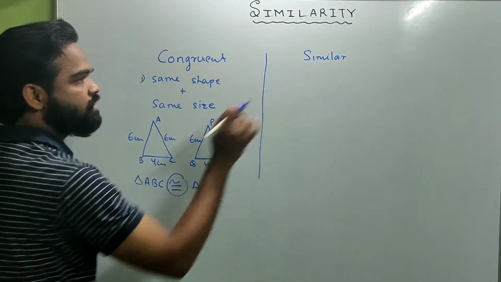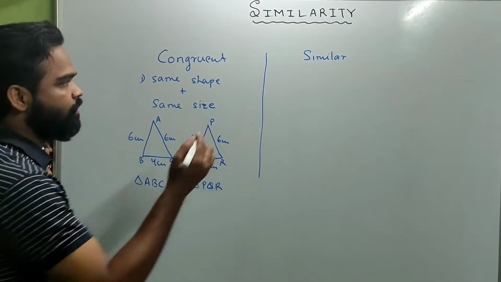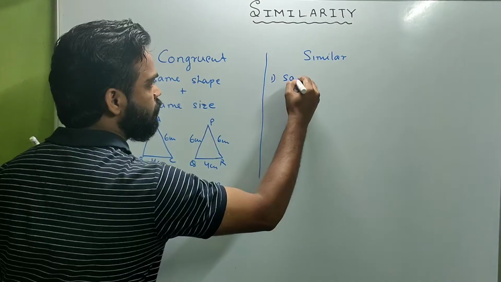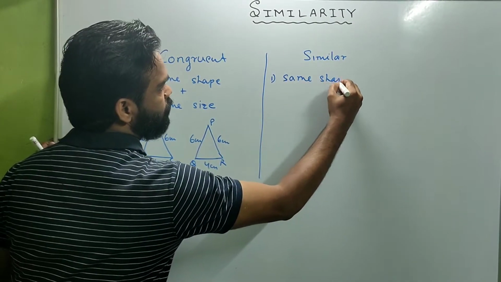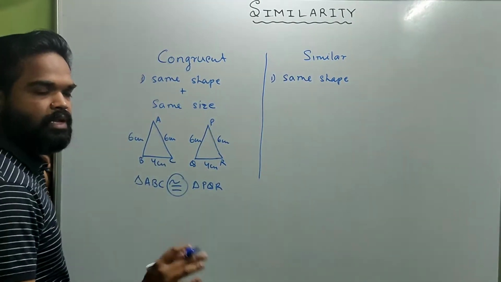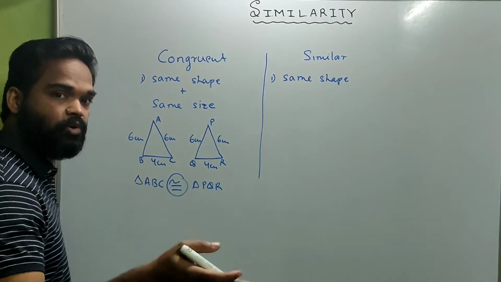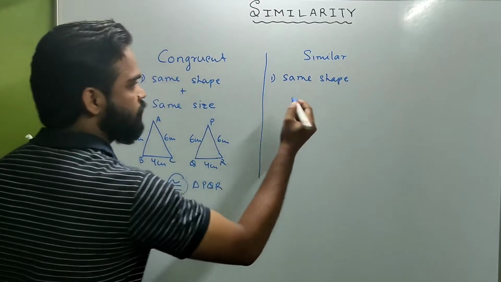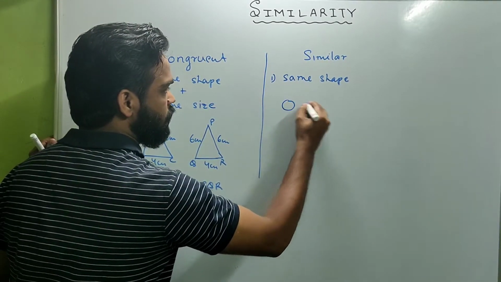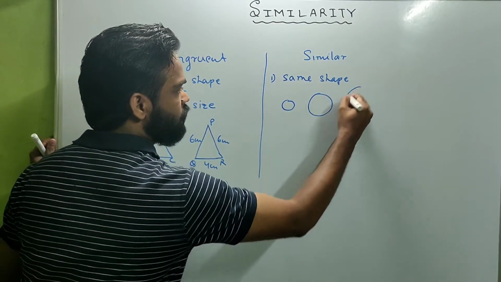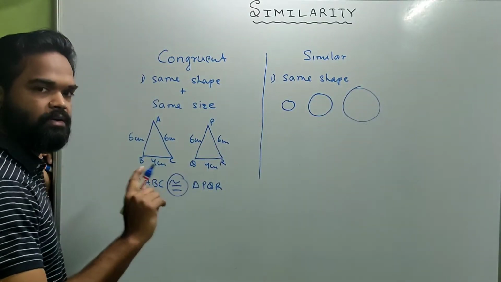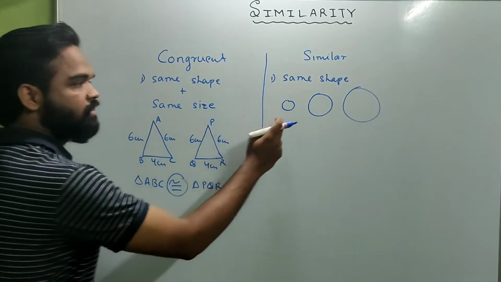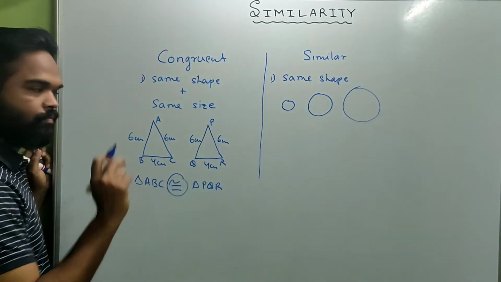But when you talk about similar figures, we are talking about figures having the same shape. Even if the sizes are not equal, they can be similar. Just look at this. If I draw, suppose, three circles of different radii, though the radii are different, these three are similar figures.